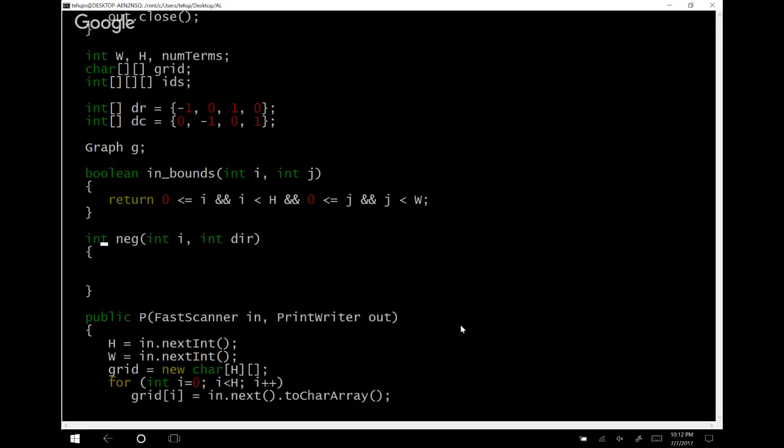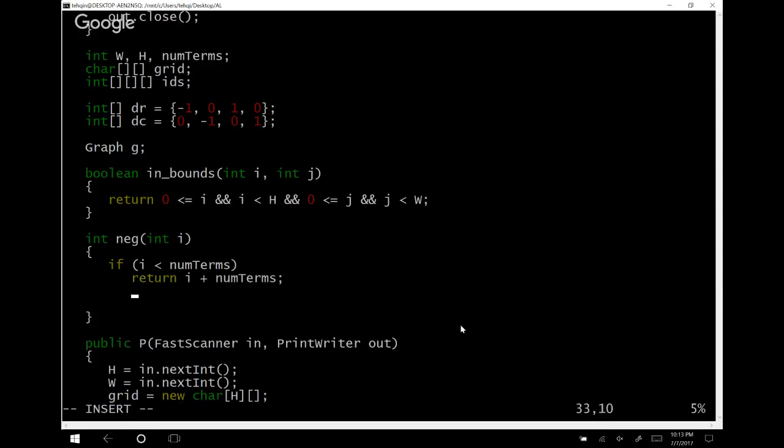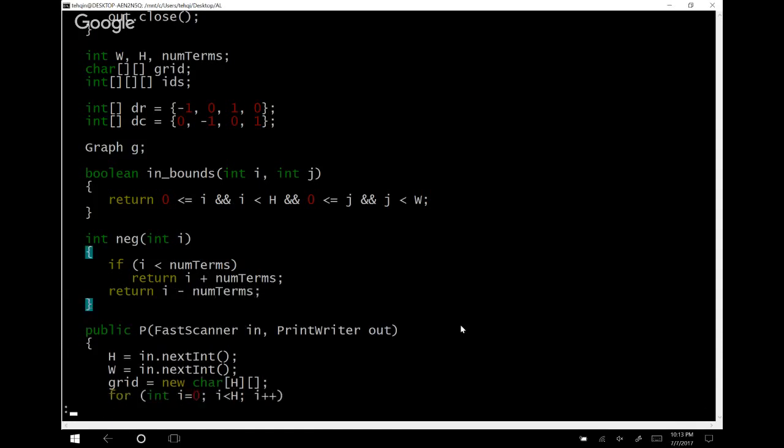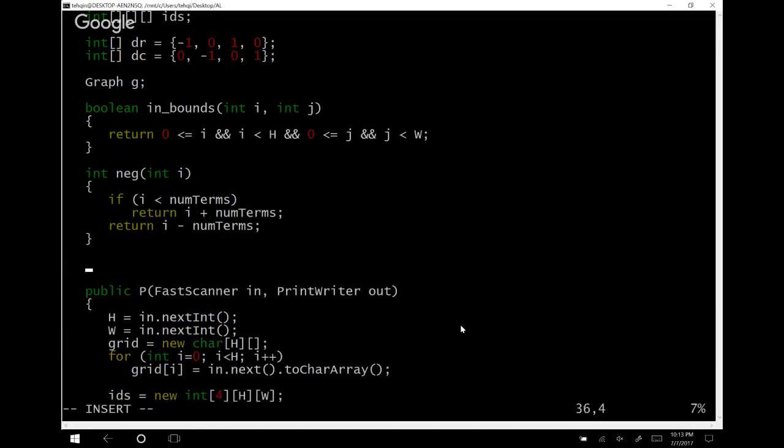So I can just negate things. I can also do some modular arithmetic to get it to wrap around properly. I'm going to do it that way.